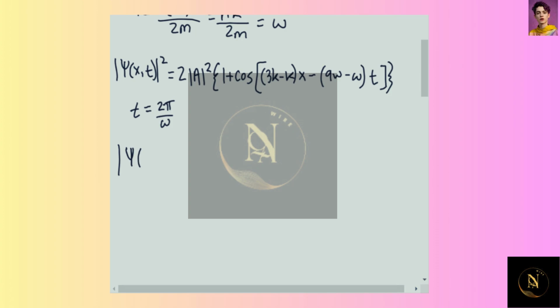So now we have psi of x, 2 pi over omega, squared equals 2 absolute value of A squared multiplied by 1 plus cosine, and 3k minus k goes to 2k, multiplied by x, and subtracting 9 omega minus omega, which goes to 8 omega, and our time we can plug in as 2 pi over omega.